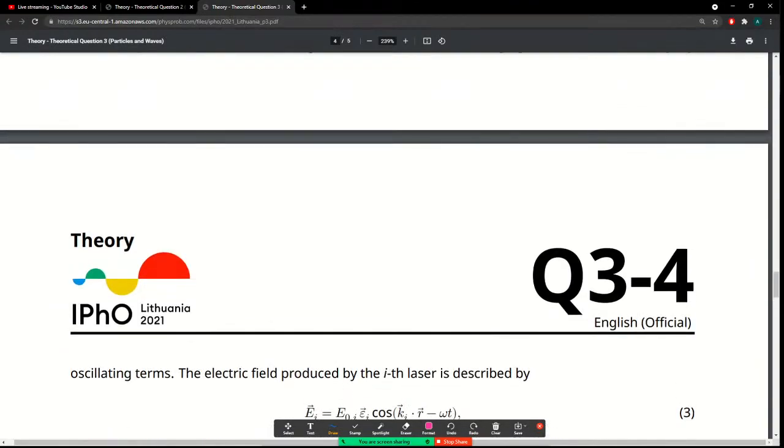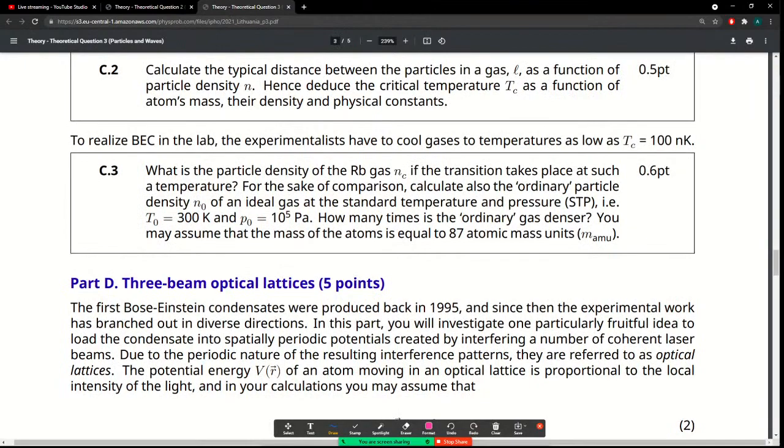Shouldn't the Bose-Einstein gas be denser, because they have told that it is very dense? Yeah, since it exists at roughly zero temperature, it should be very dense. But here we can use the negative power index to find how much denser.